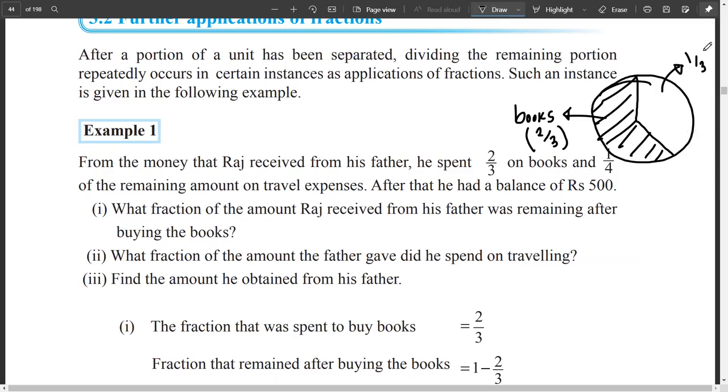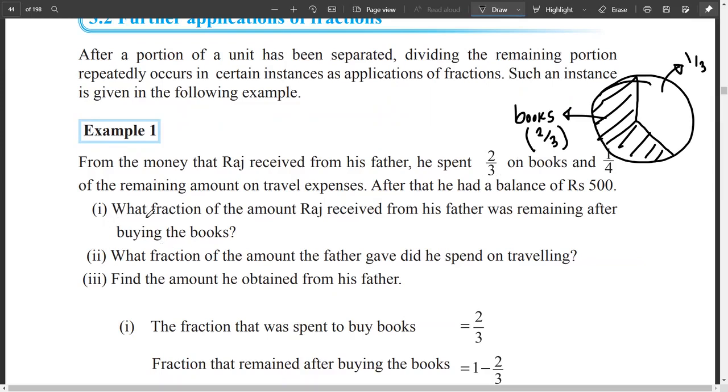Let's see what they're asking. Now there's another piece of data: after that he had a balance of 500. So after spending for the books and the travel expenses, the amount that he had was 500.